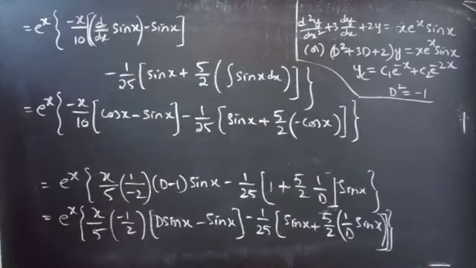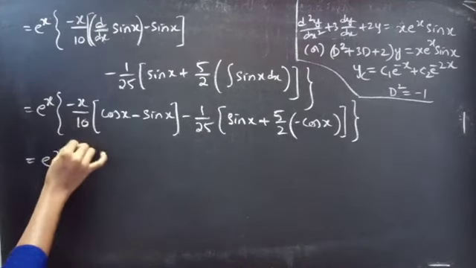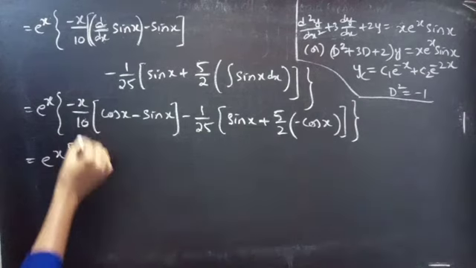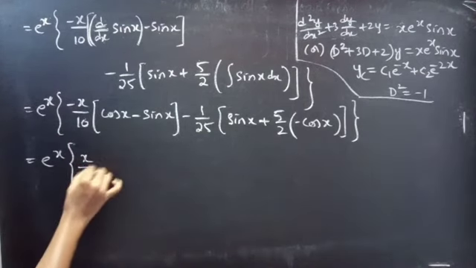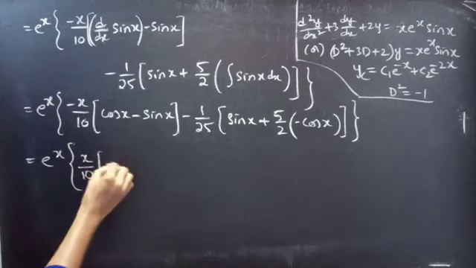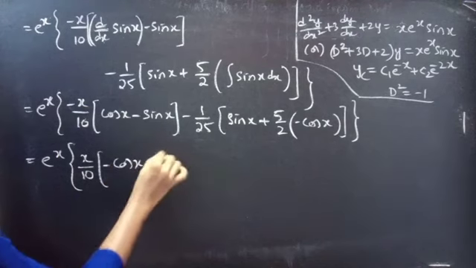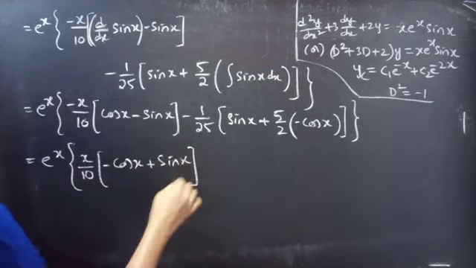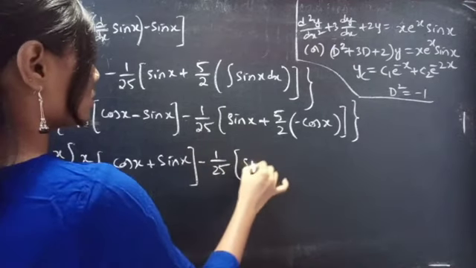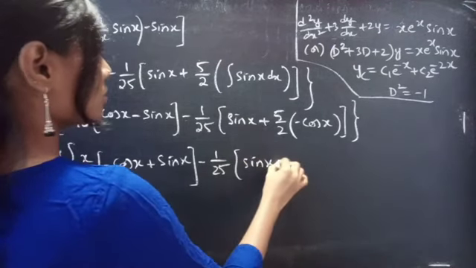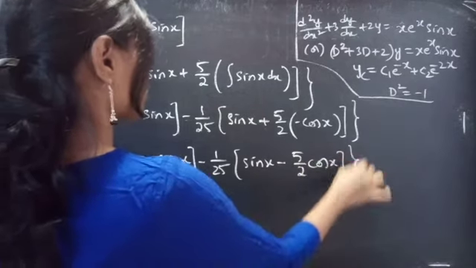Right? This is equals to e power x into, now I'll take this minus inside the brackets, then I'll get x by 10 into minus into plus minus cos x minus into minus plus sin x, right, minus 1/25 into sin x plus into minus minus 5/2 cos x.